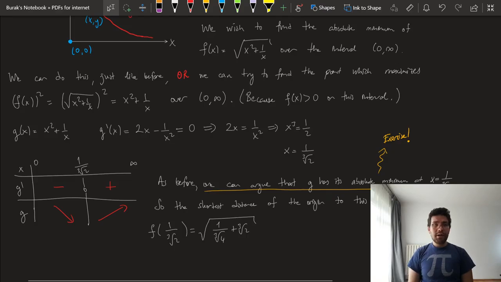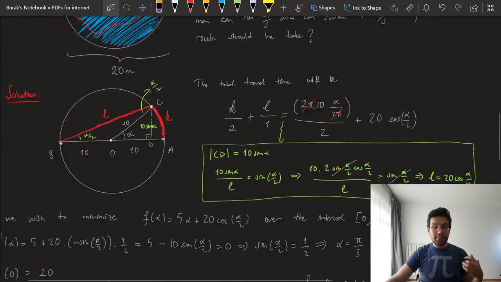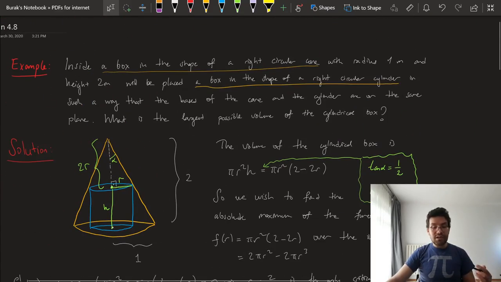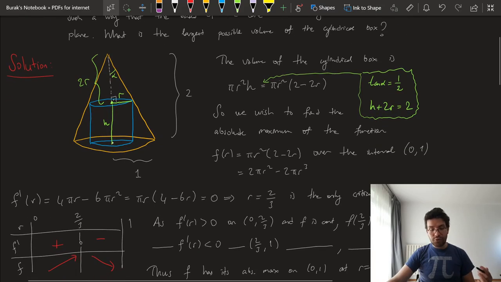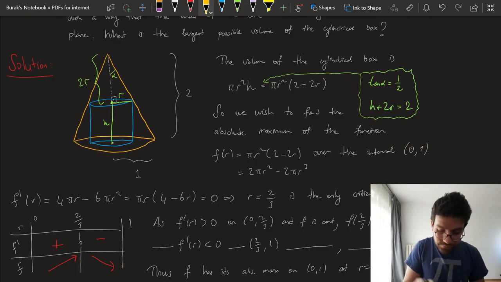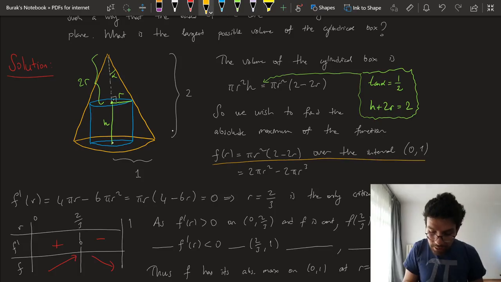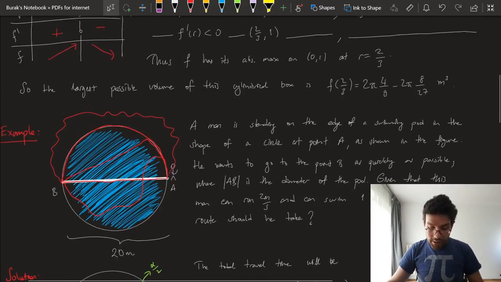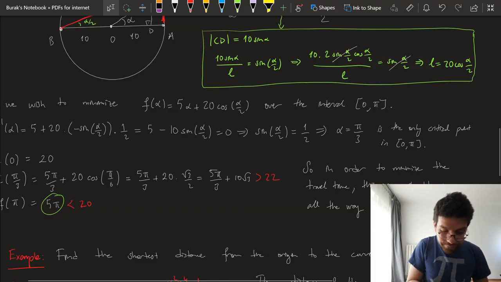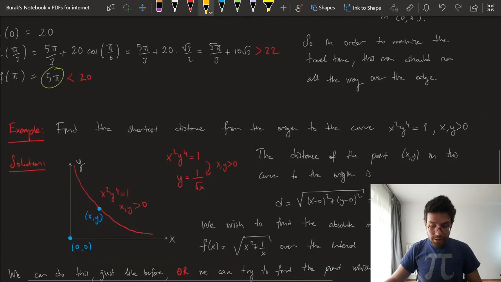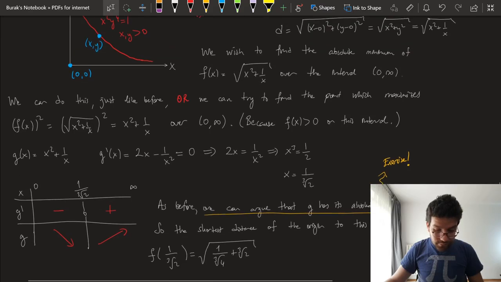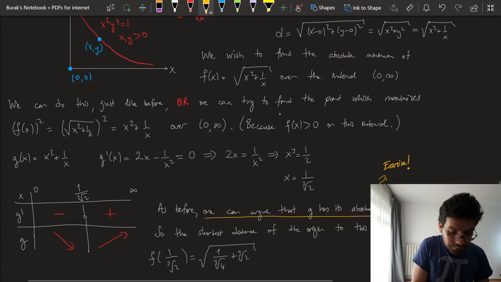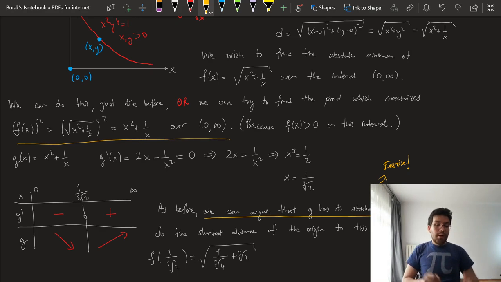So what have we done today? We've solved 3 optimization problems, which are not abstract optimization problems, but real life problems. And in each of these, we first had to mathematically model the situations to reduce these problems to abstract optimization problems, like find the maximum of some function on an interval, or find the minimum of some function over an interval.